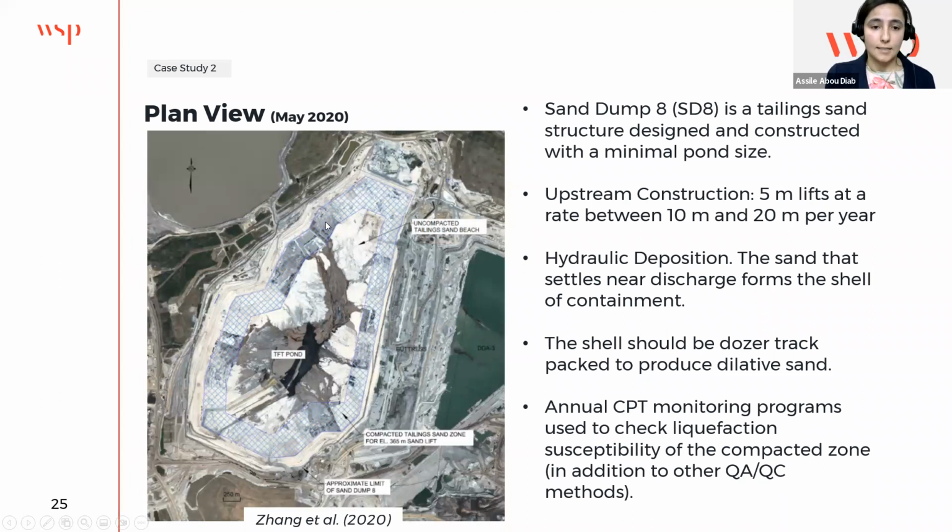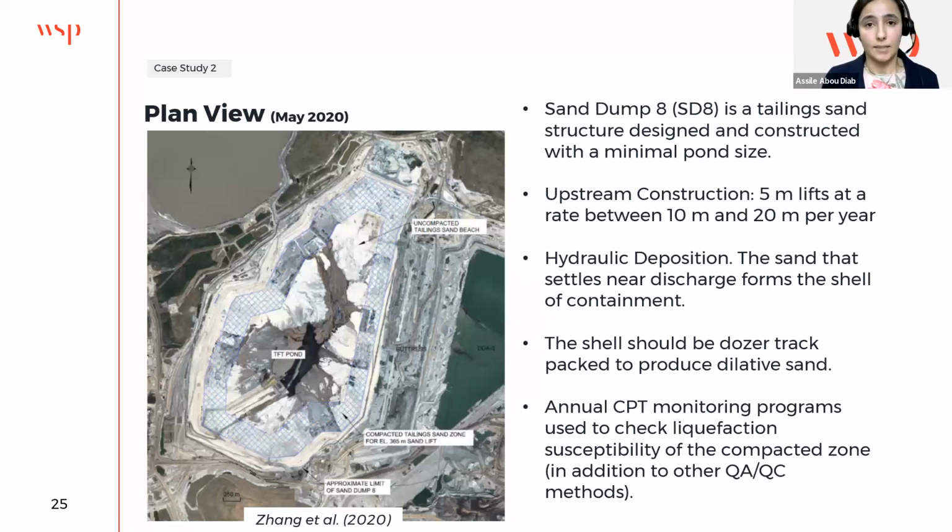And because the sand is providing the containment shell, it should be very well compacted to make sure that it's not liquefiable. So it is dozer track-packed to produce dilative sand. In order to monitor the compaction effort and make sure that it meets the specification, we have a lot of QA/QC programs.